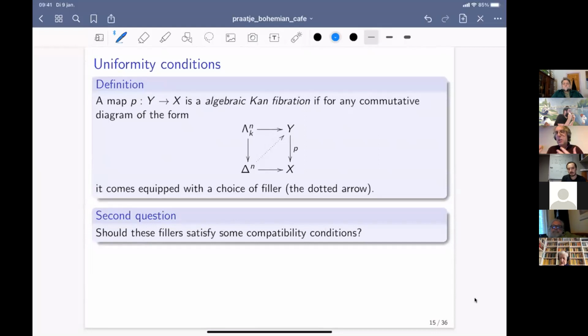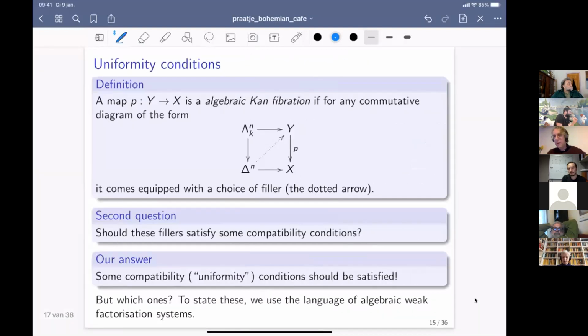Going back to the work of Thierry Coquand in cubical sets, his uniform fibrations said no, there should be certain compatibility conditions satisfied between the solutions to these lifting problems. They cannot be completely unrelated.